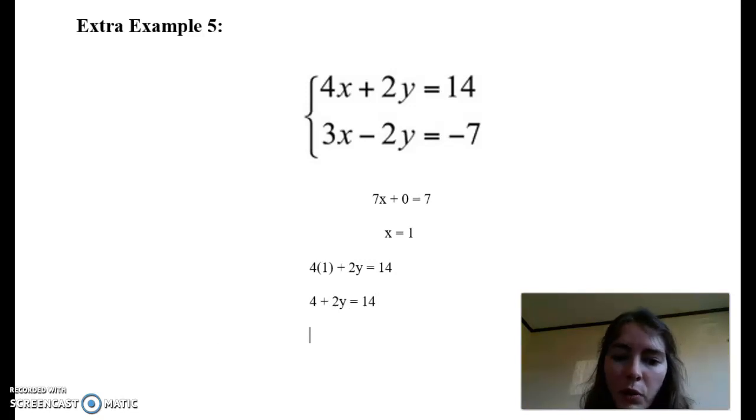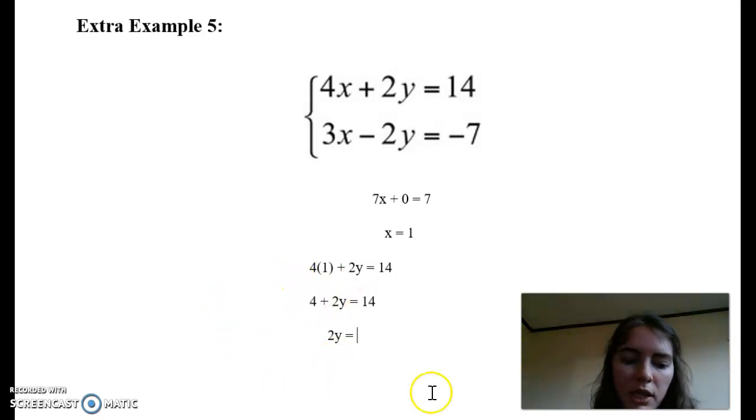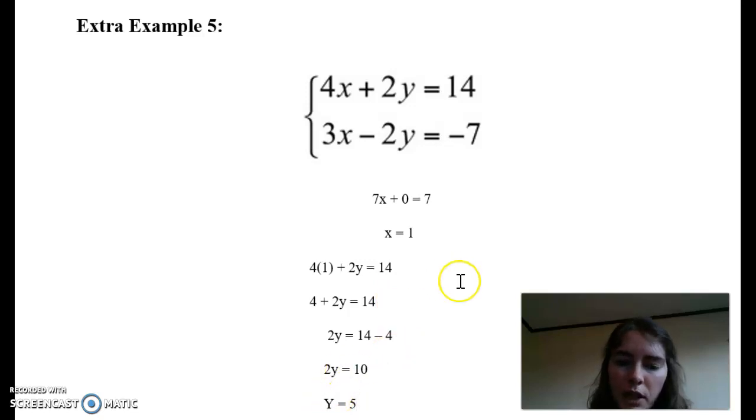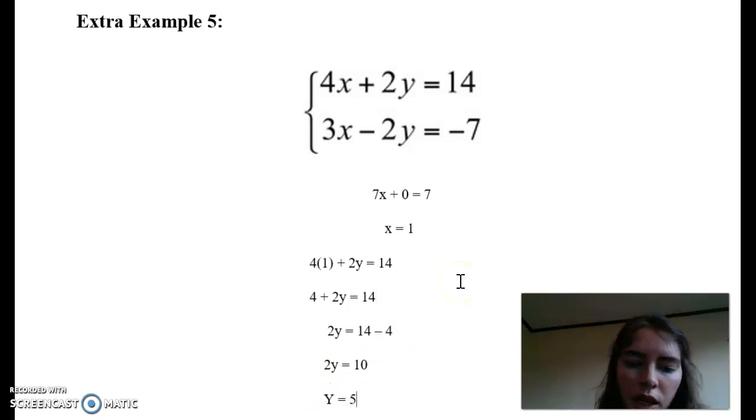We're going to move that 4 to the other side because we don't want it over here with our 2y. We want only 2y equals, we need to do 14 minus 4. And that is going to equal 10. So 2 times what number equals 10? 2 times 5. And we know that answer. y equals 5. Okay. Then go ahead and plug it back in to check your answers.